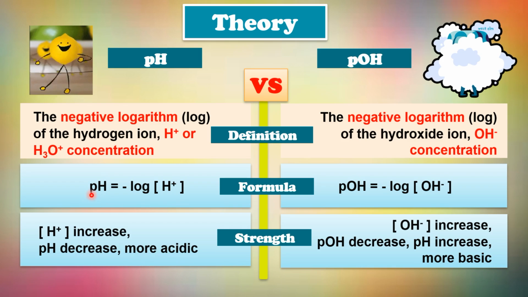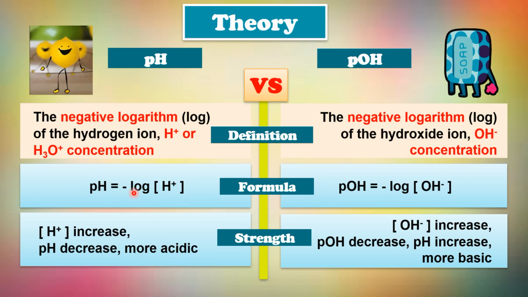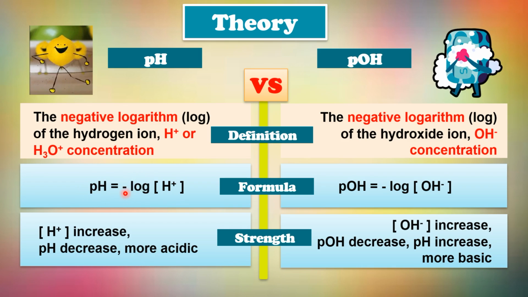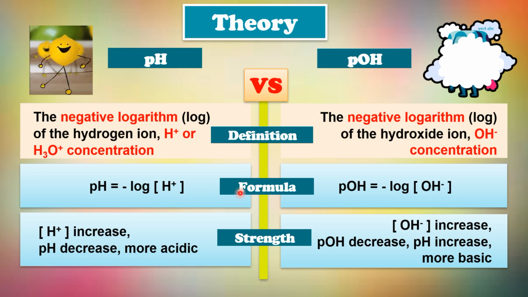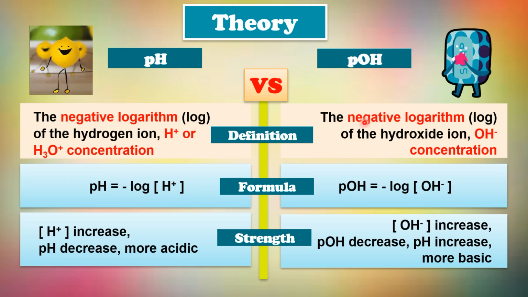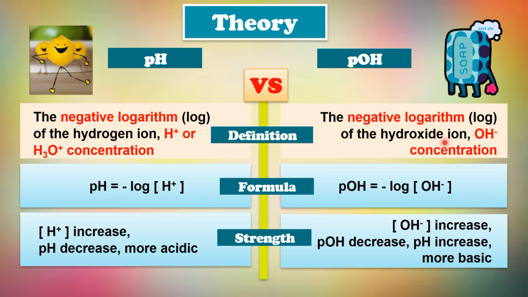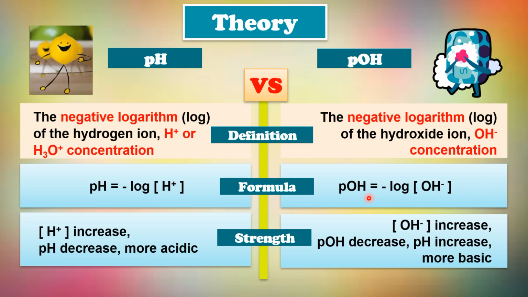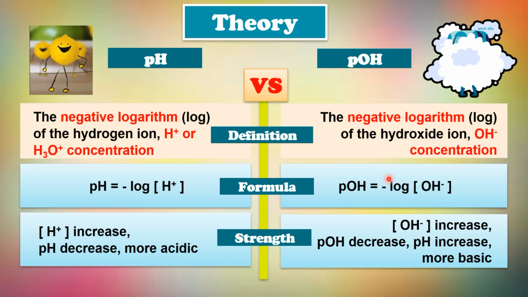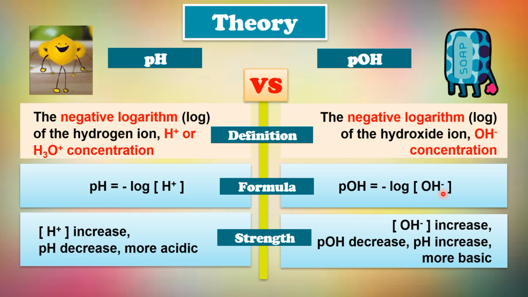The P here stands for negative log, negative log concentration H plus. As for pOH, it can be defined as the negative logarithm, log, of the hydroxide ion concentration. So the formula here is pOH equals negative log concentration OH minus.